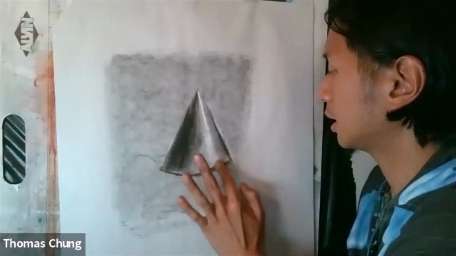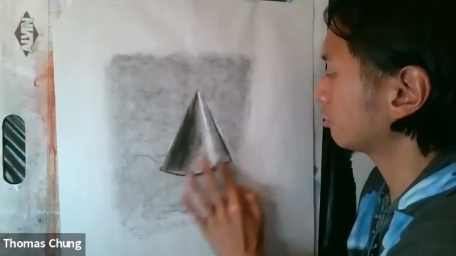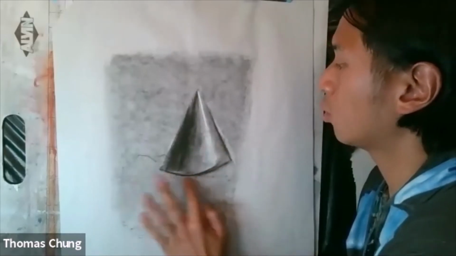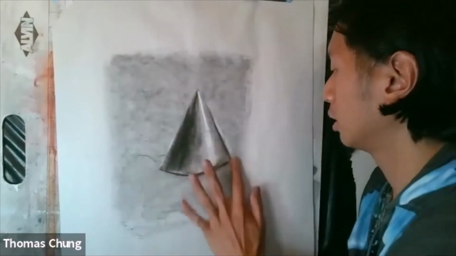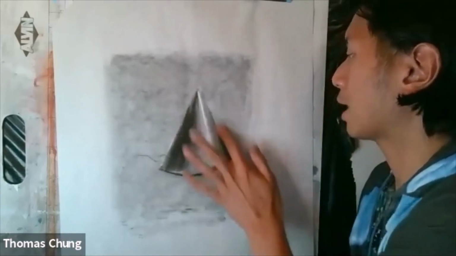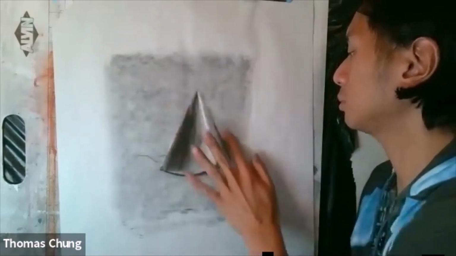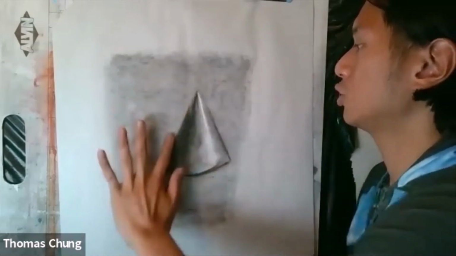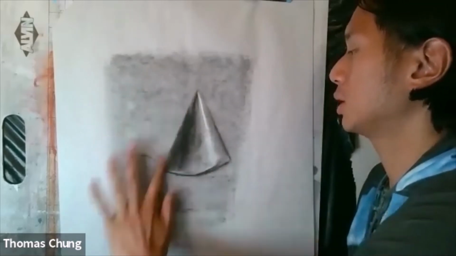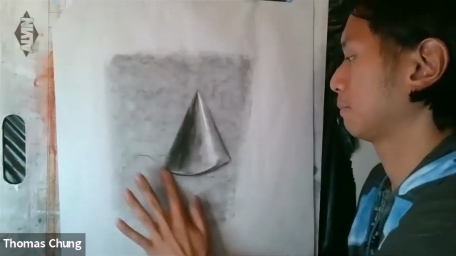And so as I continue to refine this, I want to make a decision to really bring out the form from the background. So let's get the cast shadow in next. And I actually just use my finger to wipe out those erased lines.